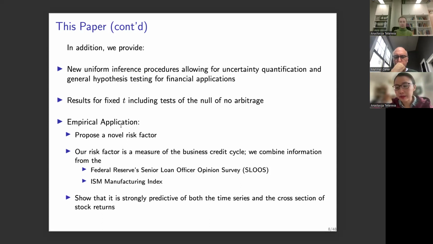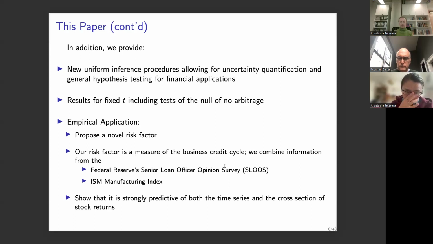And empirically, we propose a credit risk factor that comes majorly from my co-author, who works at the New York Fed. To summarize, the risk factor is a measure of the business credit cycle, and it combines information from the Federal Reserve Senior Loan Officer Opinion Survey.